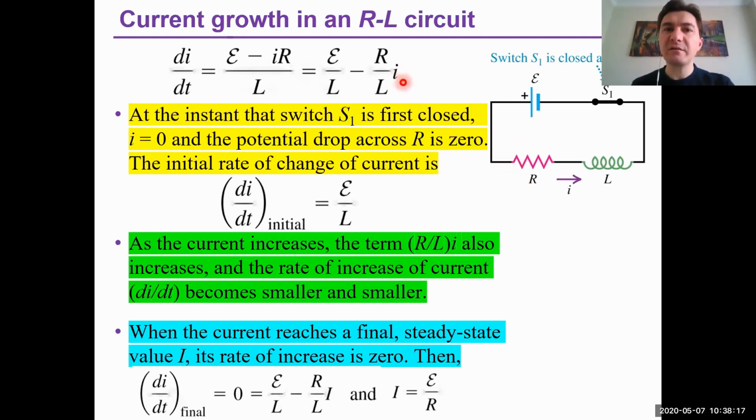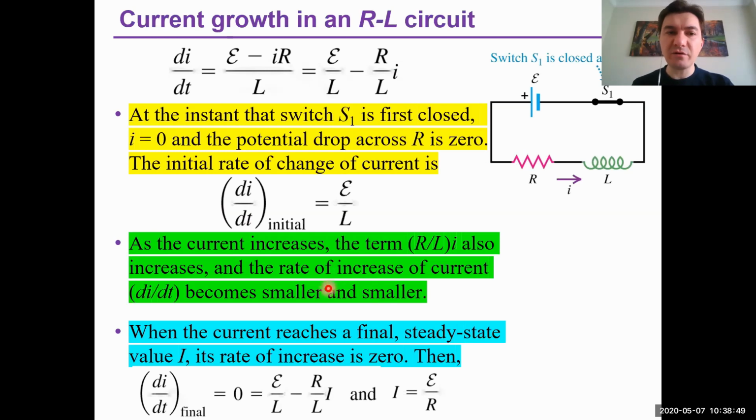So this I is 0 within that equation, then this term is 0 since the current is 0 at the beginning. So the initial rate of change of current, di over dt initial, just when we close that switch, when the time is 0, is EMF over L. This is the first case, first condition.